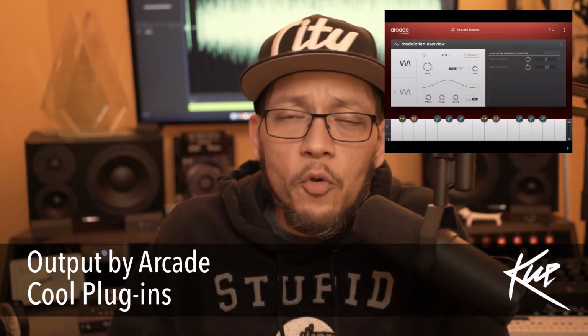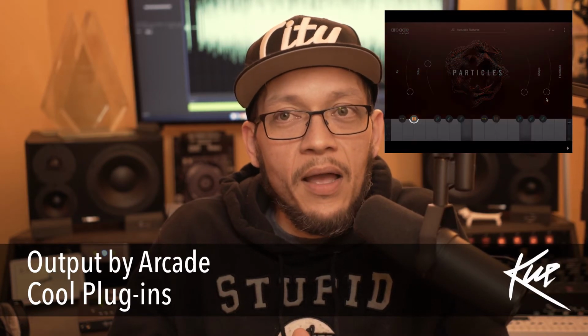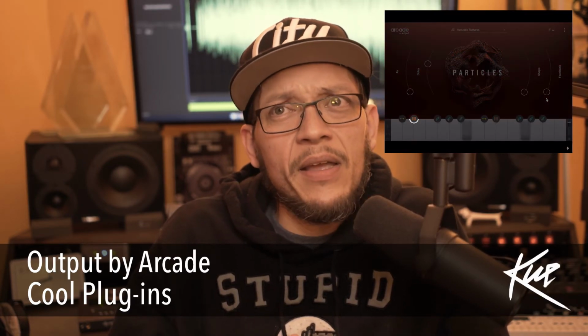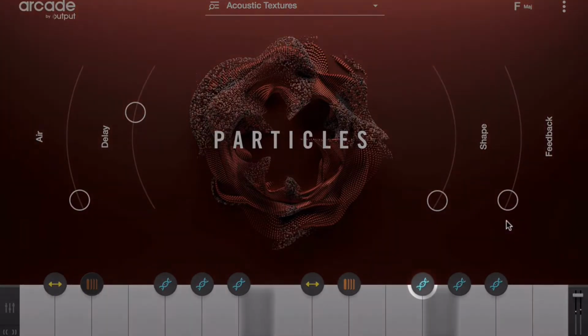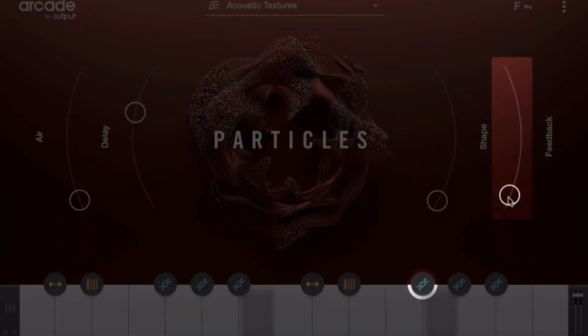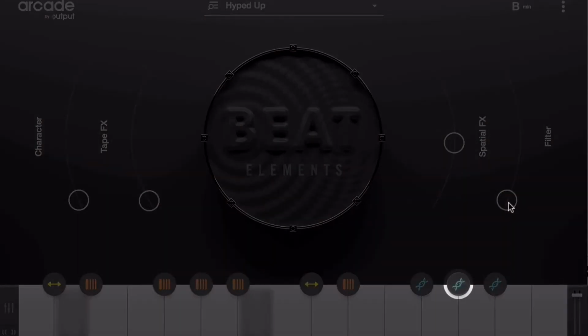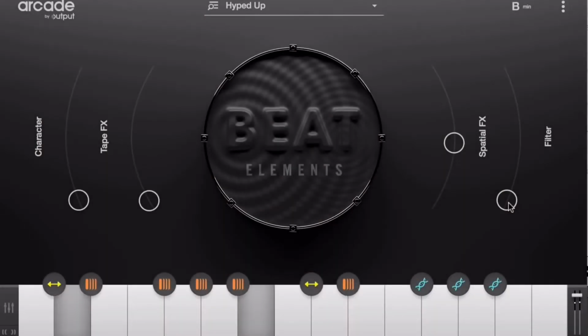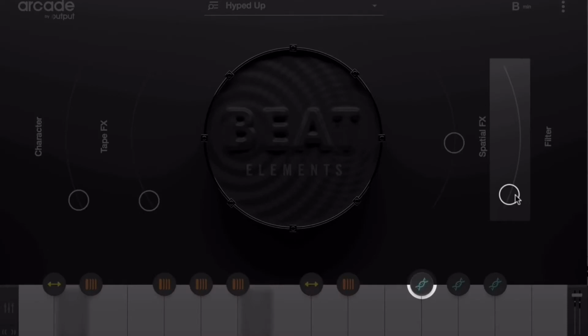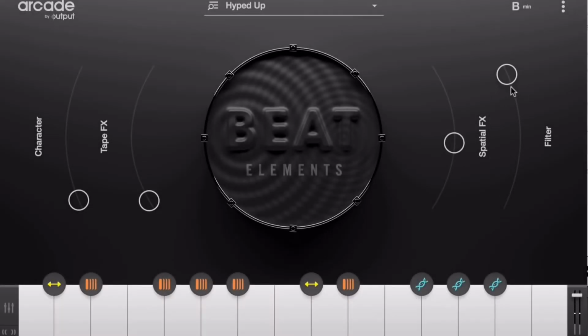And so I tried it, they were really pushing for this. If you haven't used Output, they have great products. I use a lot of their stuff. Their Analog Strings is dope. They have a brass synth as well that's really dope. They have a lot of really creative products. And so this is like their Splice, but within the DAW.